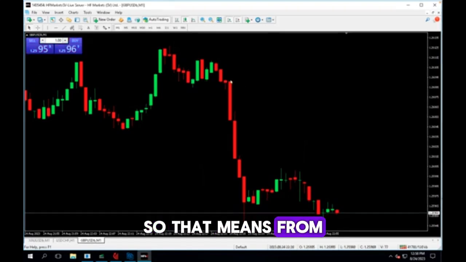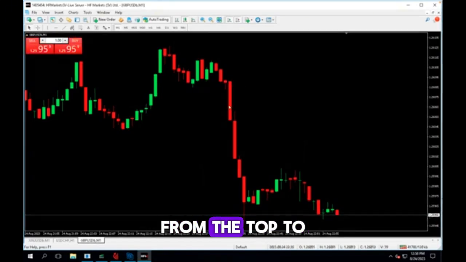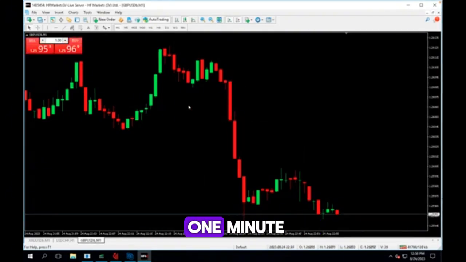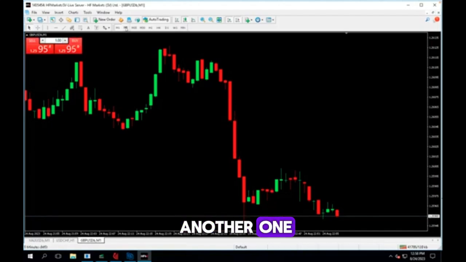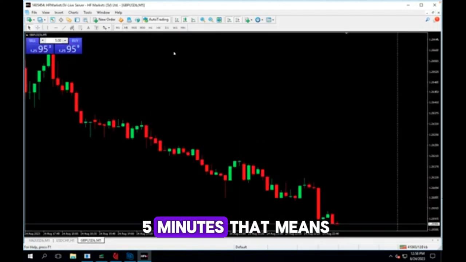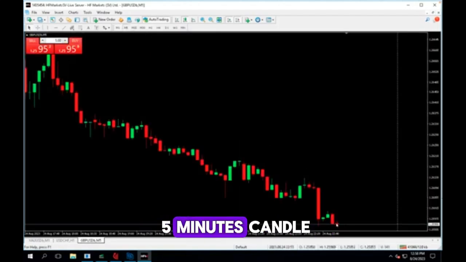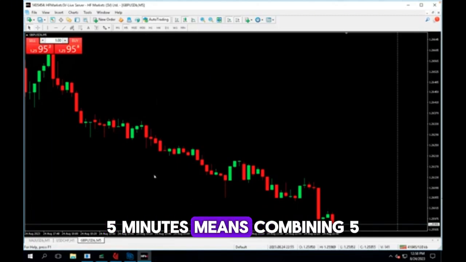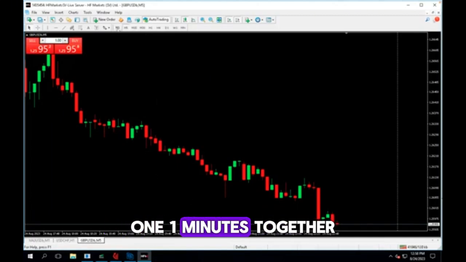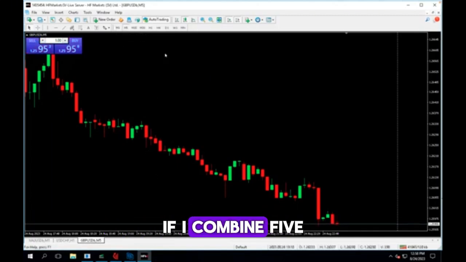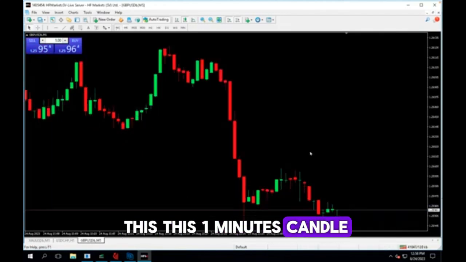So from the open, from the top to the bottom here is 1 minute. If I click on 5 minutes, that means 5 minute candles. 5 minutes means combining 1 minute candles together.